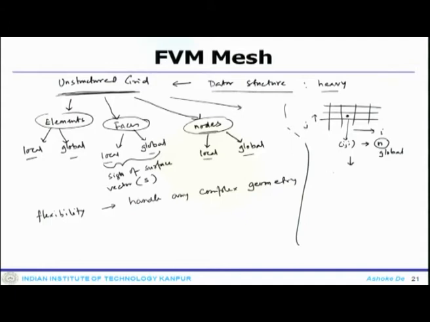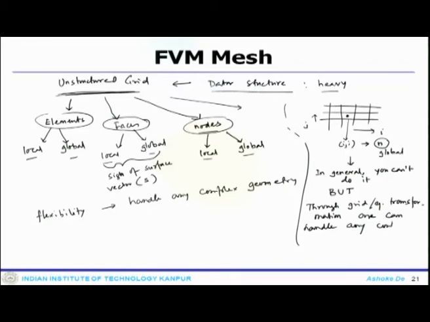In general you cannot do it, but through grid and equation transformation, one can handle any complex geometry.